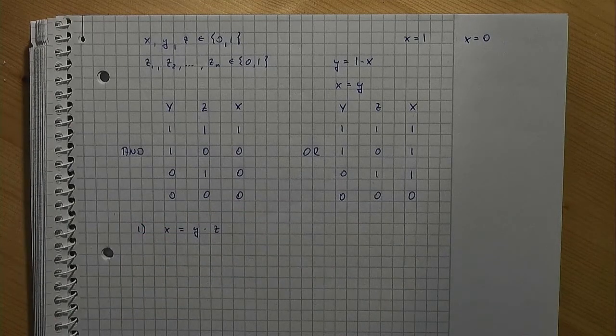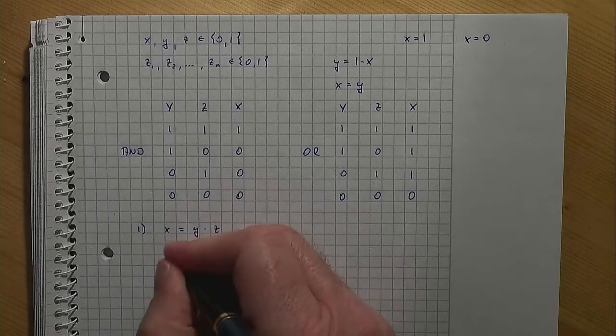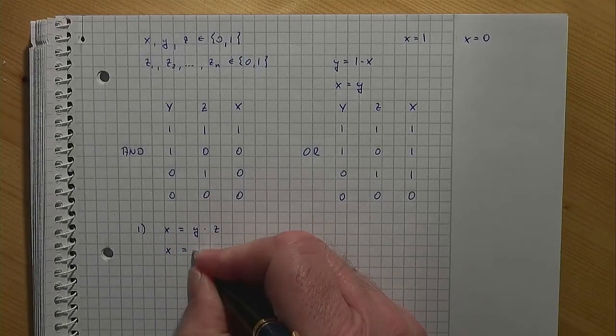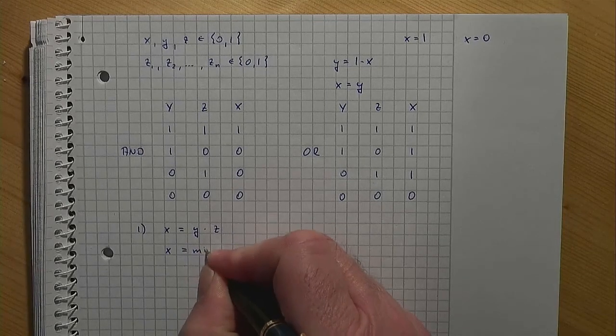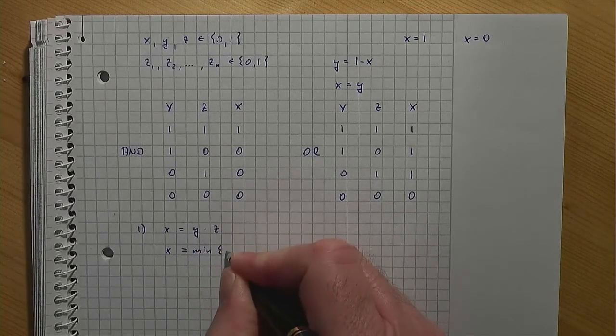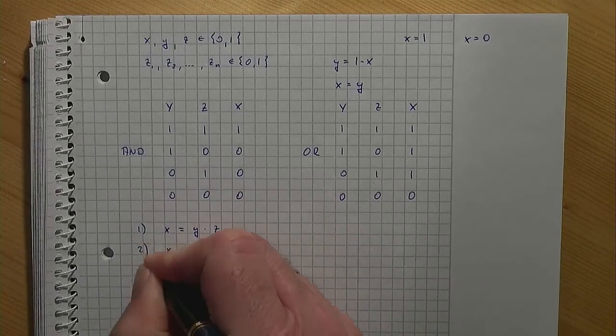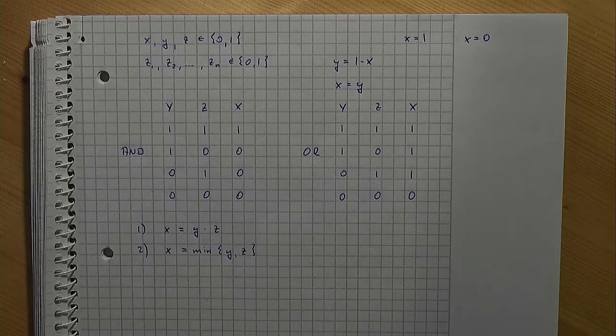An alternative would be to write x equals the minimum of y and z, which would work as well.